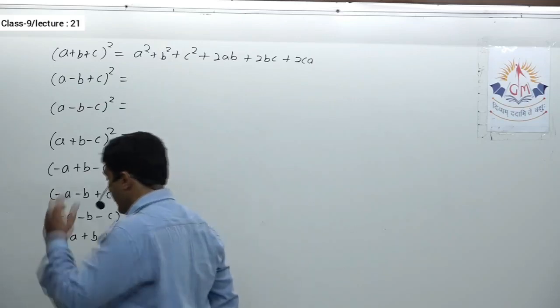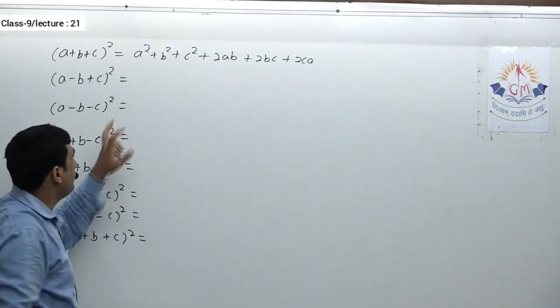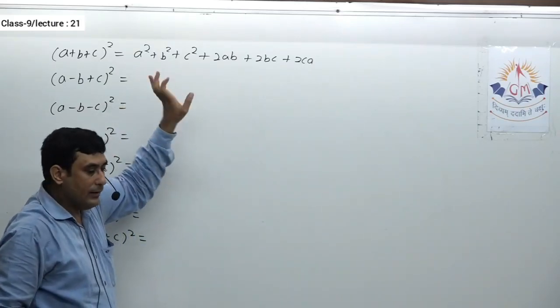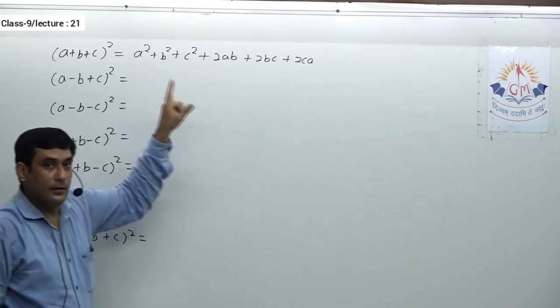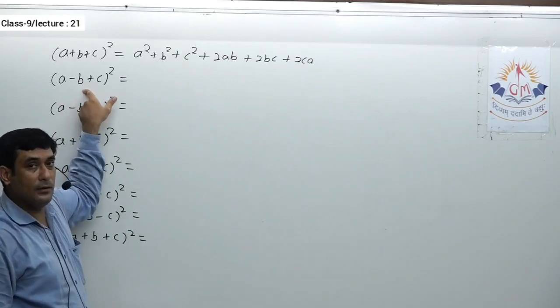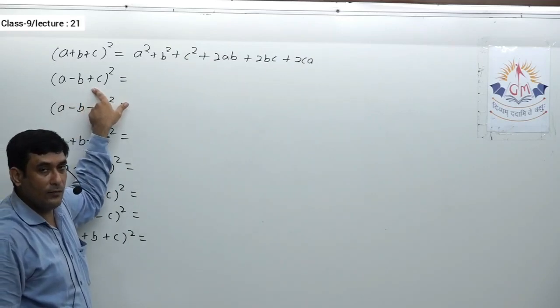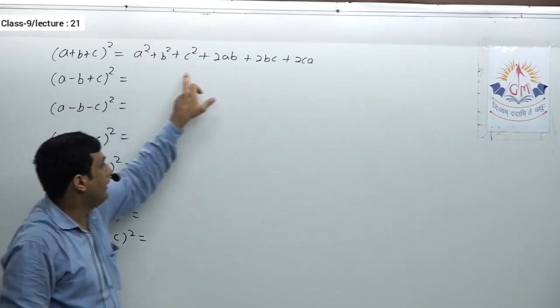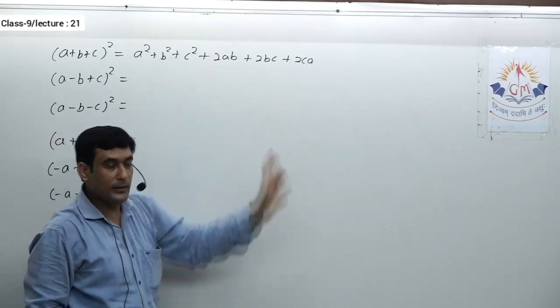So let us see once again how we have to obtain them. You just have to remember this identity, and when you write a square, b square, c square, include the sign of a, b, c, and by default you will get the identity.